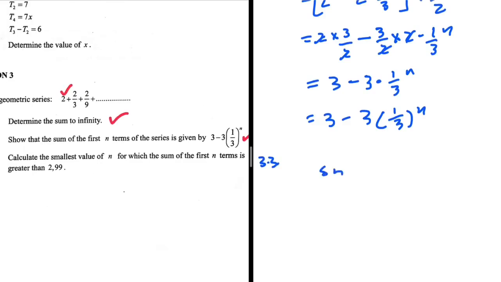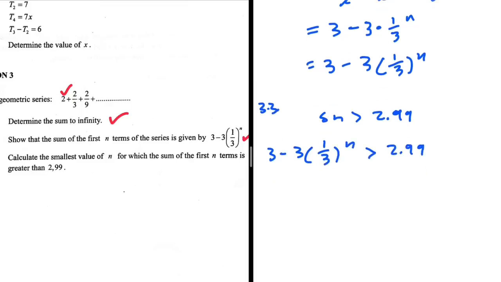So we need Sn to be greater than 2.99, but Sn is 3 minus 3, 1 over 3 to the power n. We need that to be greater than 2.99. So the first step, the first organic step, is to take 3 to the right hand side. So we're going to have minus 3, 1 over 3, everything to the power n, being greater than 2.99 minus 3.